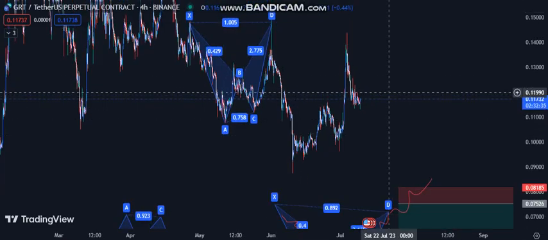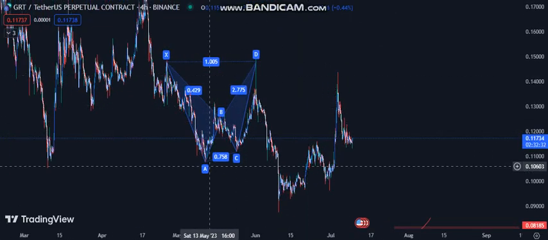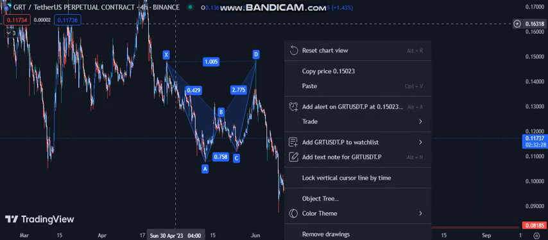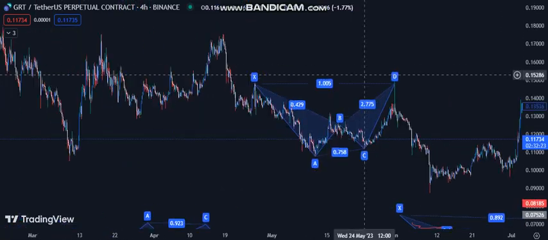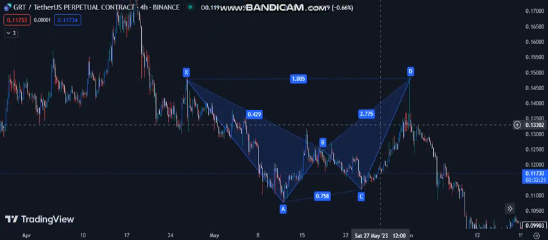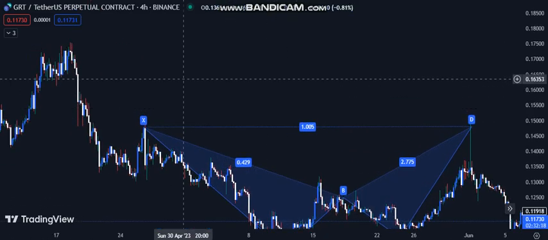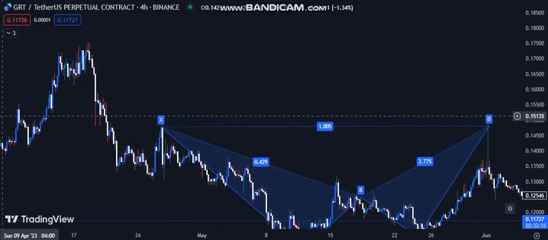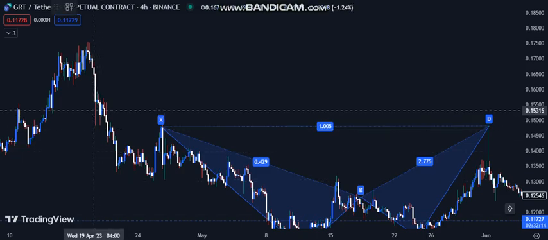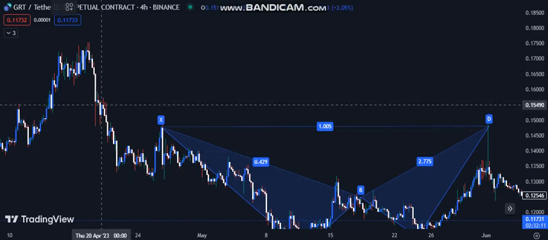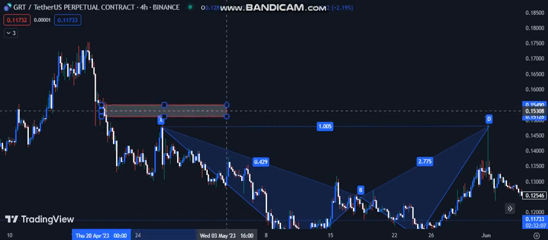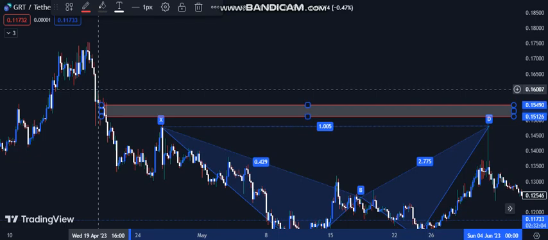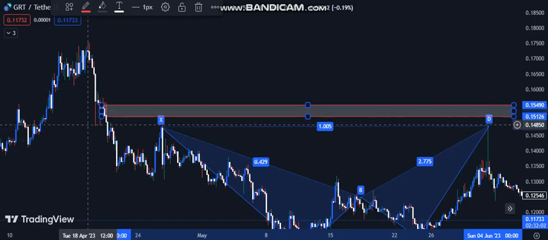So this was our harmonic. My short got opened. Why do you say my short? I had two confluences for it. One is this order block, because if we shift the time frame, this whole extension is your order block, remember.